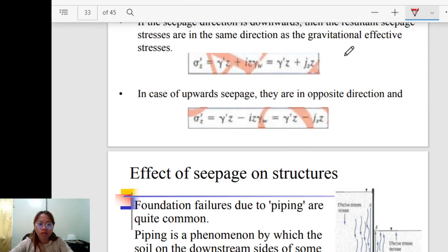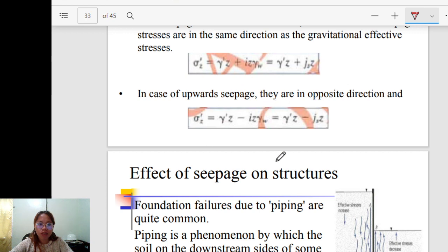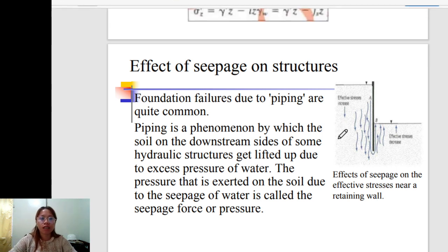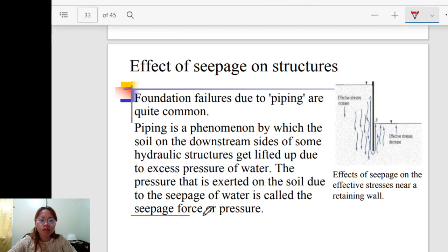We will try to better understand that in a later example. The effect of seepage on structures: foundation failures due to piping are quite common. Piping is a phenomenon by which the soil on the downstream side of some hydraulic structures gets lifted up due to excess pressure of water. The pressure that is exerted on the soil due to the seepage of water is called the seepage force or pressure.